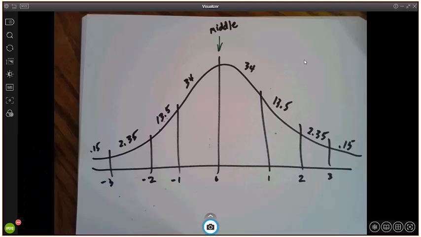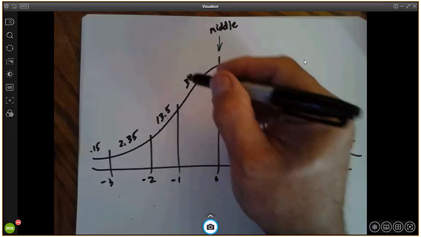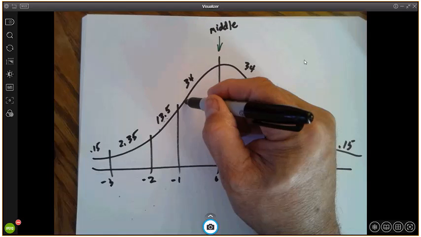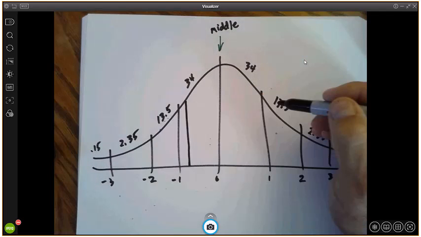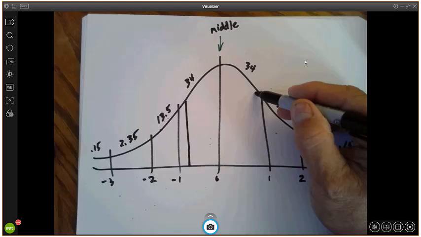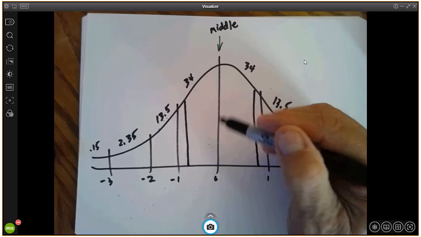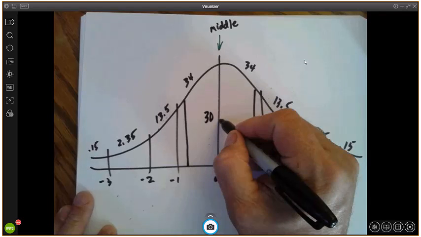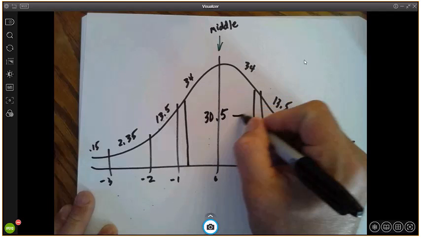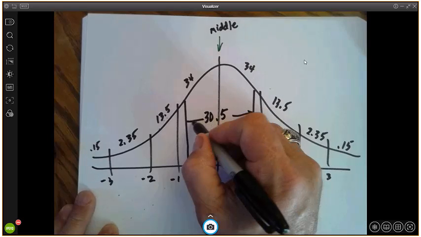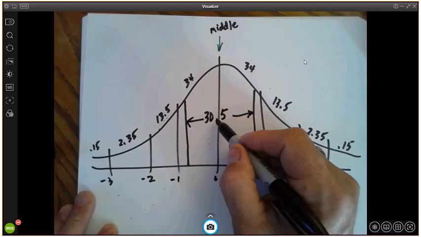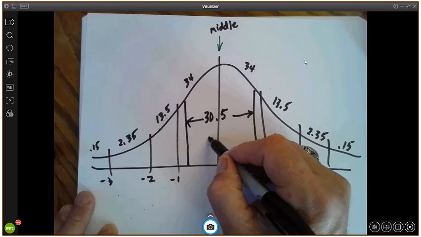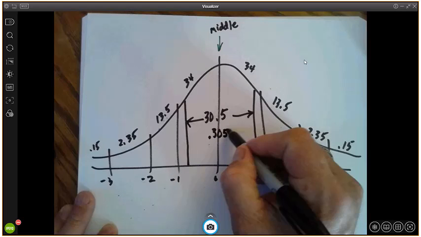So let's draw that. We know this is 34, so 30.5 is going to be right there, in this area. 30.5 is between that line and that line, or 0.3050.